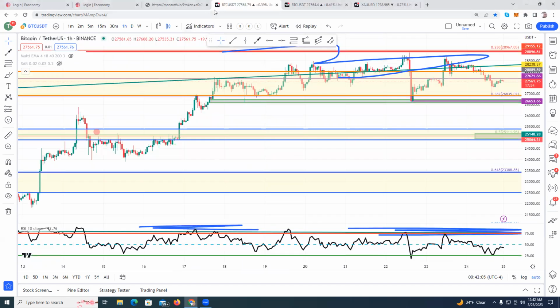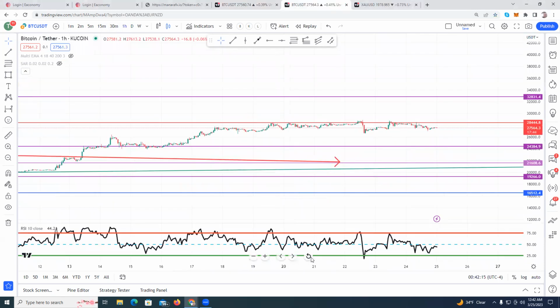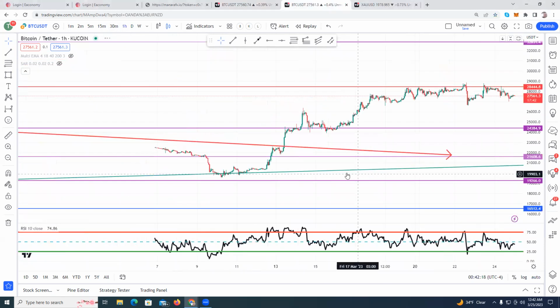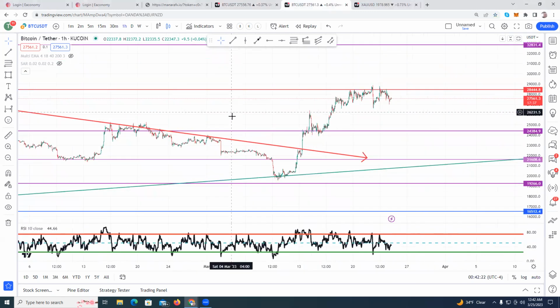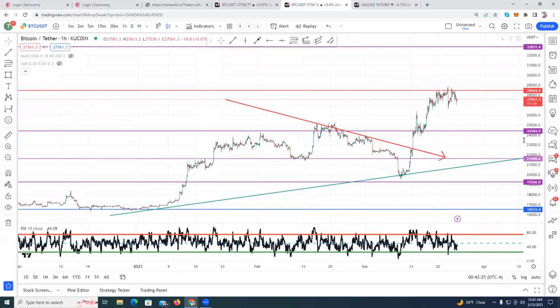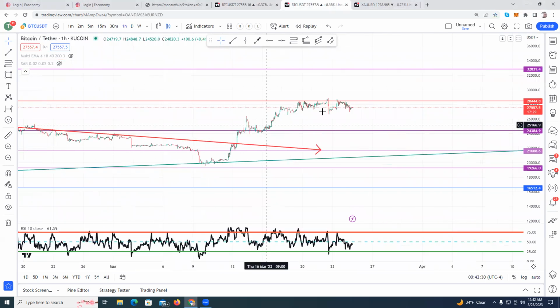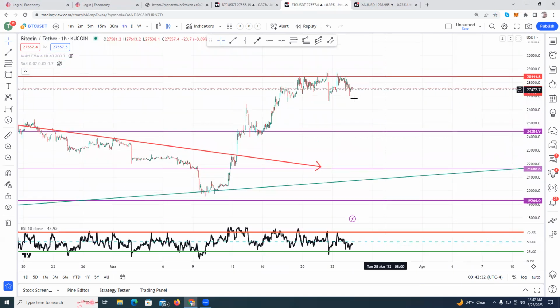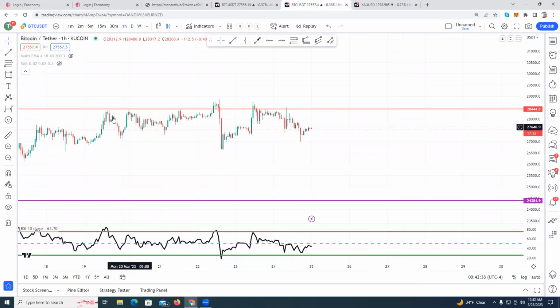Let me go back over here. So when we go to the hour time frame, we could see, okay, price action form rejection area here, rejection, all at our previous resistance zone.